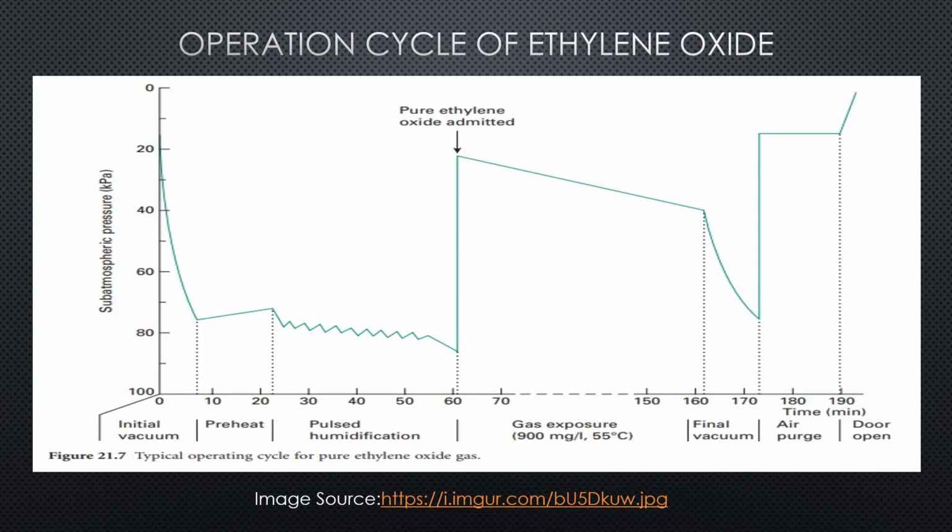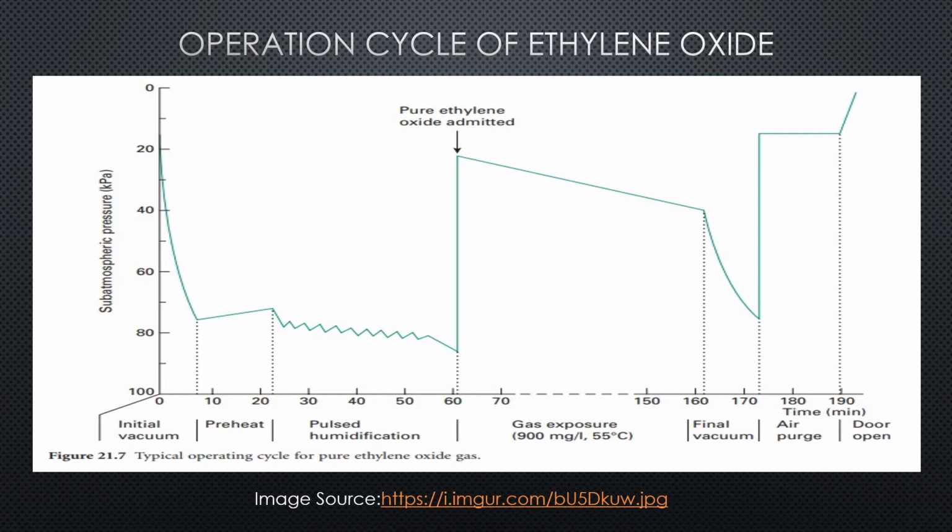Now we'll see the operation cycle. As in the case of a large-scale autoclave, it contains a steel chamber, normally of 100 to 300 liter capacity, surrounded by a hot water jacket to provide uniform chamber temperature.